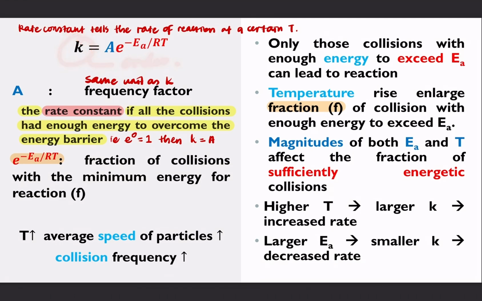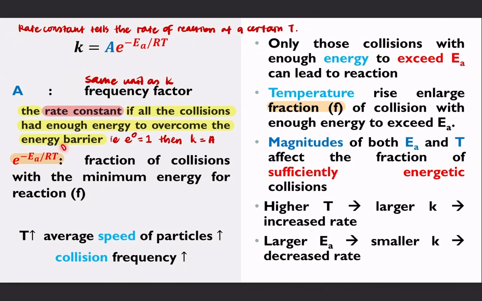So look at the unit of your k, and your A will follow the unit for k. A is actually the rate constant if all the collisions had enough energy to overcome the energy barrier. So it means k will equal A if this one is equal to 1.